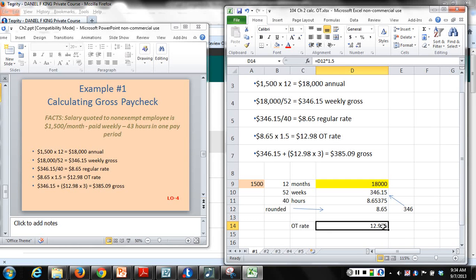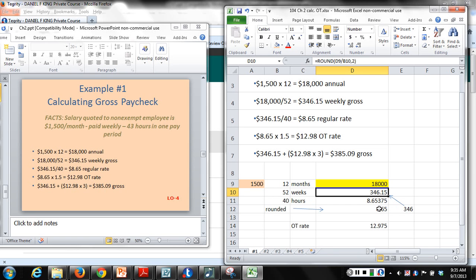Okay, so what I want to point out here is, what if I took this rounded number and said, oh, I want to get back to my weekly gross. So let me multiply this times my 40 hours. And I do that in this cell here. I just grab this number, my rounded hourly rate, times 40 hours. What number do I get? I get $346. But the actual weekly rate is $346.15, and that is this 18,000 divided by 52 and rounded to 2 decimal places.